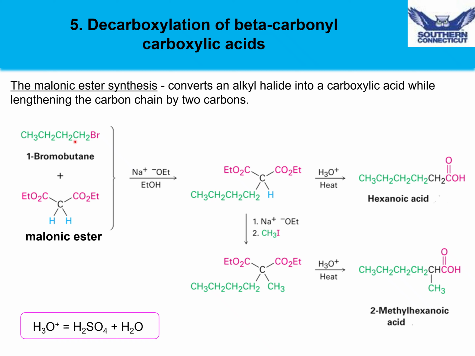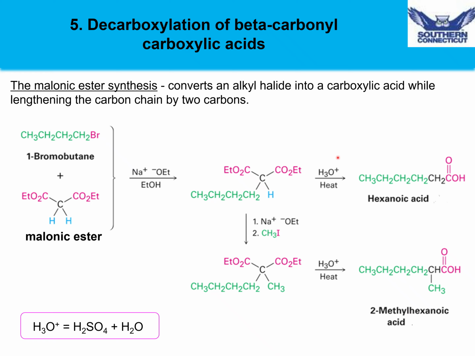If we have 1-bromobutane and we take a malonic ester, and it doesn't matter which ester we use, and we add a base such as sodium methoxide. The base would deprotonate one of these alpha hydrogens, which will lead to an alkylation of that alpha carbon.